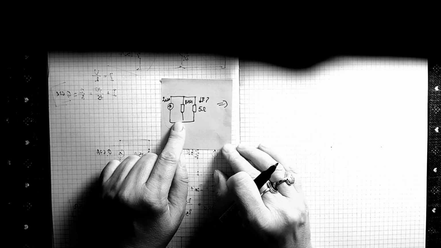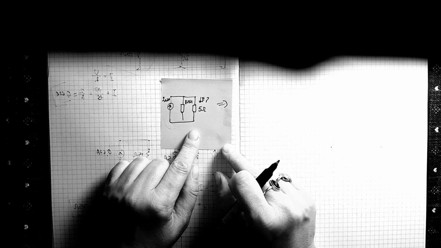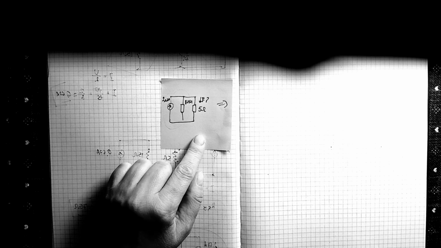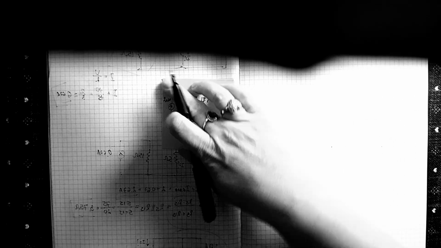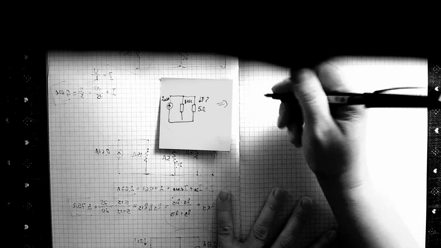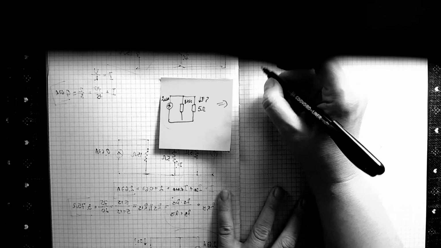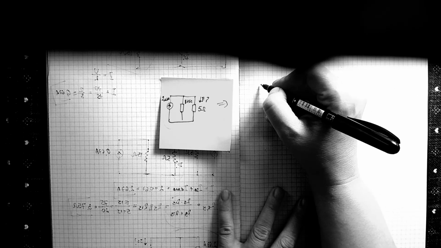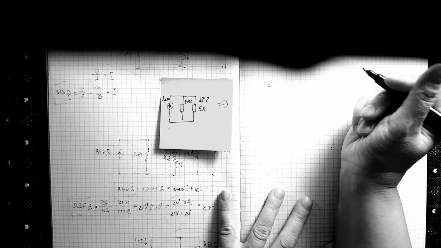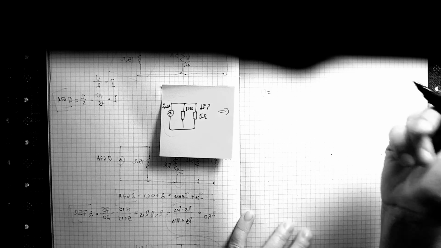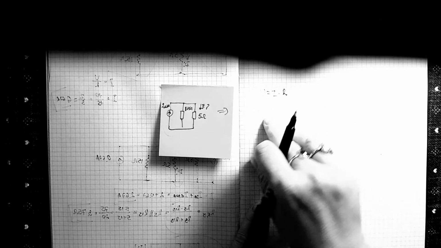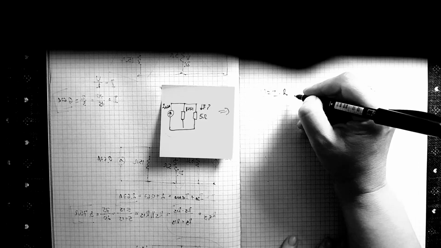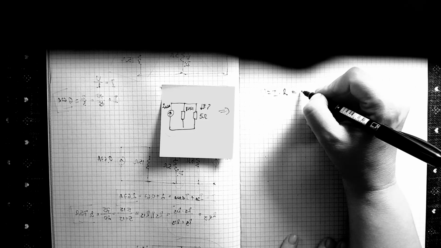So we are transforming this circuit into a voltage circuit. We use the formula, as you remember, voltage is equal to current multiplied by resistance.